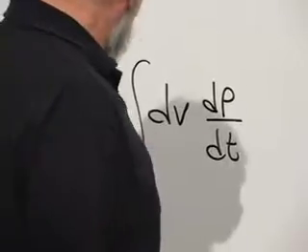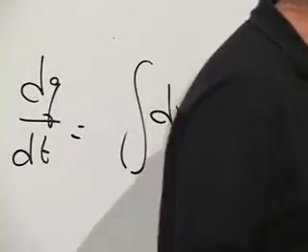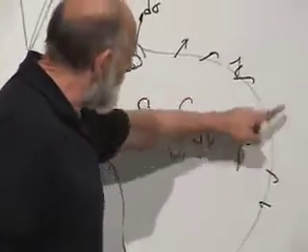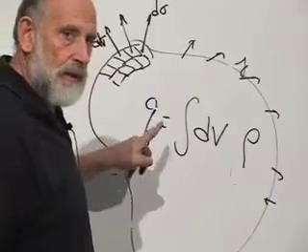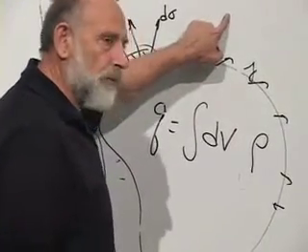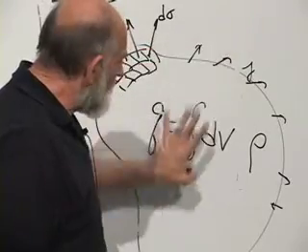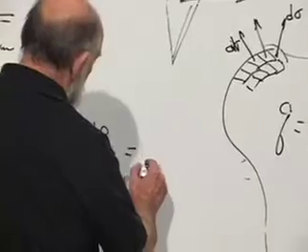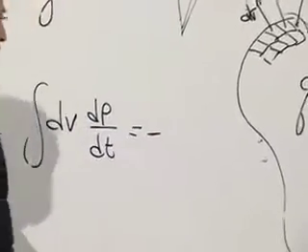The time rate of change of the electric charge inside this region must equal the current that's passing out through the boundary, actually with the opposite sign. If current is passing out through the boundary with a positive sign, then the charge must be decreasing on the inside. So it must have a minus sign in this formula.